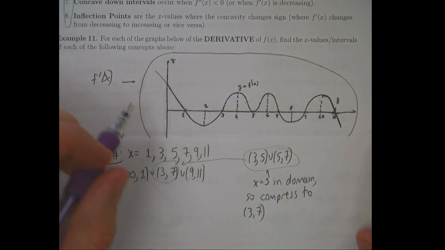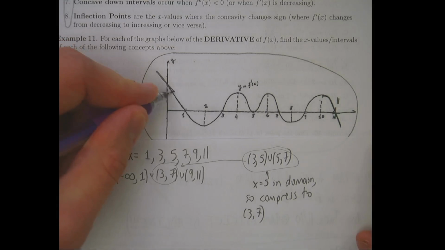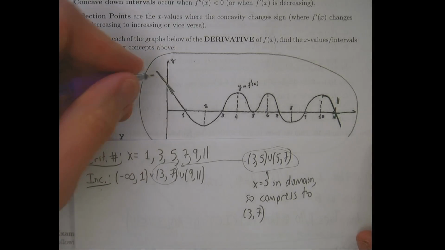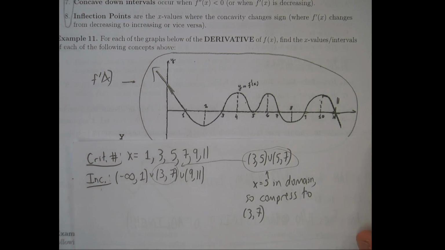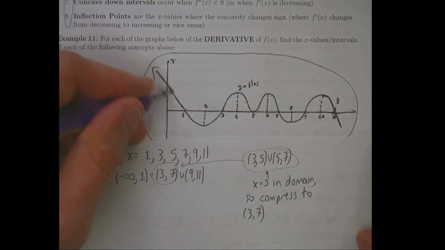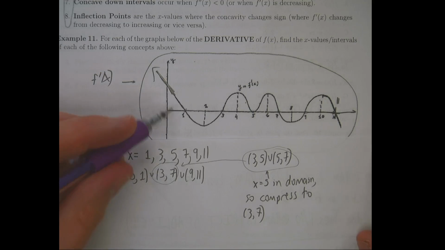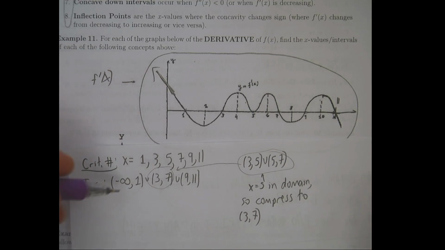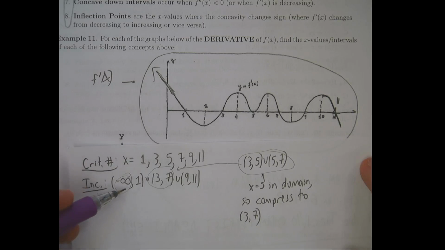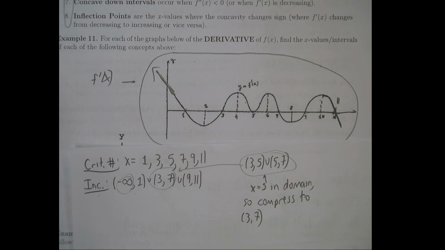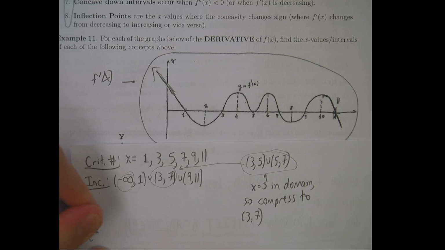Unless explicitly otherwise stated, you can assume it stretches off to negative infinity and positive infinity. I'll put that here to clarify. But if you put this as 0 instead of 1 on the packet, I will not say that's wrong because of the way the graph is drawn. But moving on.